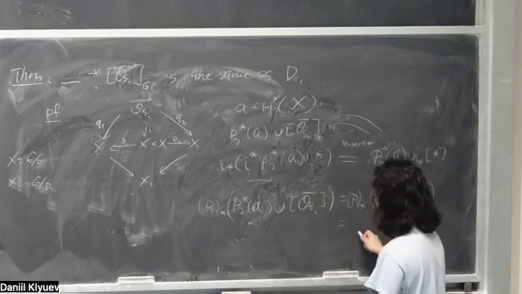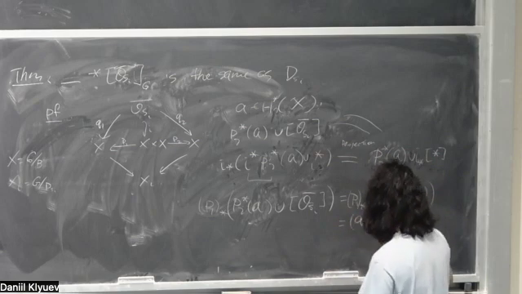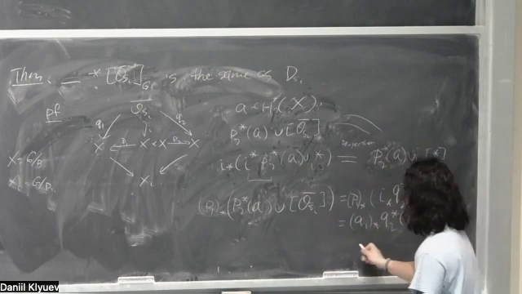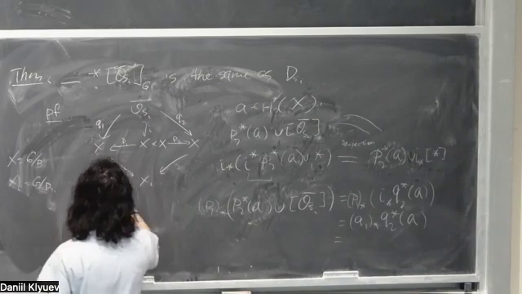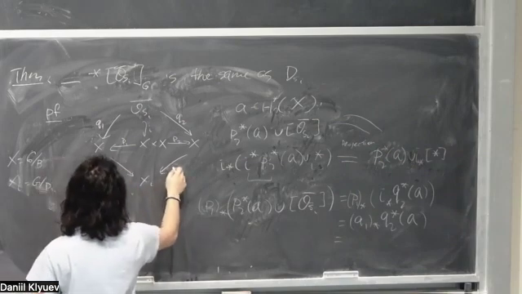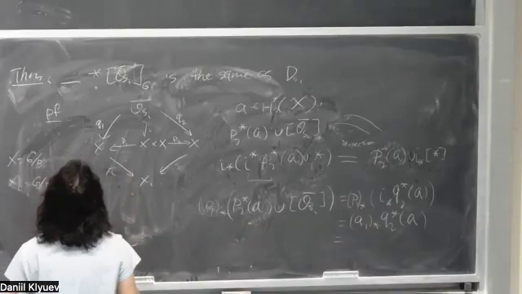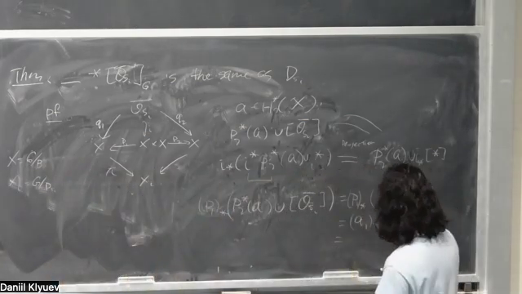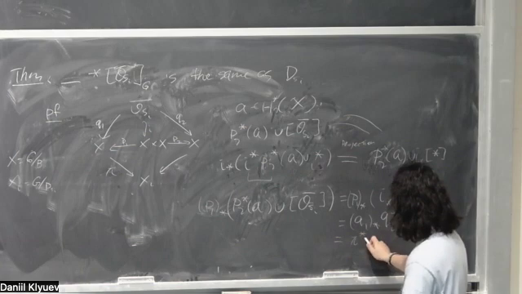This is just equal to Q1 push forward Q2. Okay. And now by the Cartesian thing, this is just equal to pi pull back, pi push forward of there.